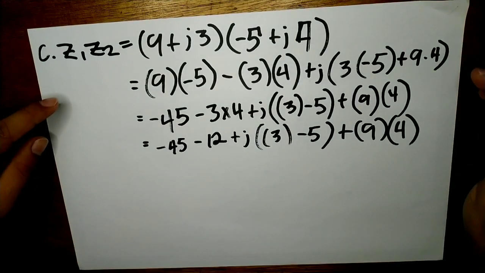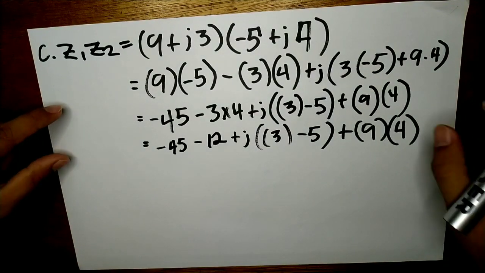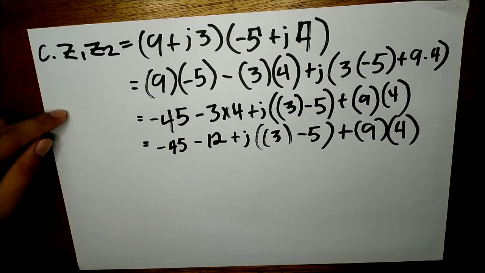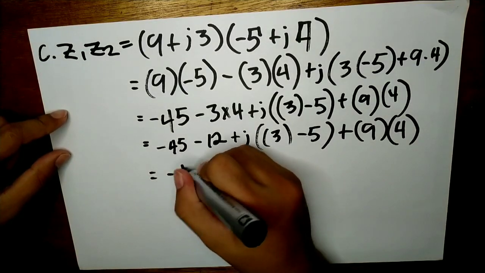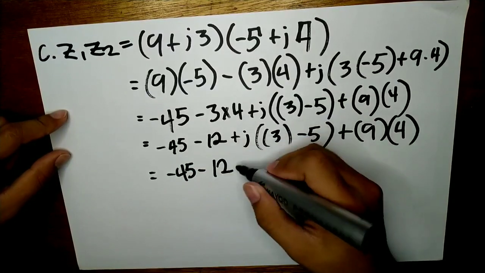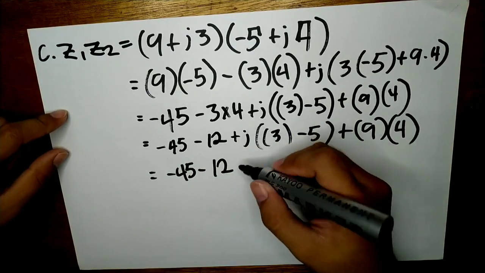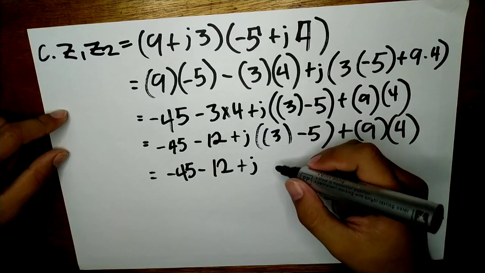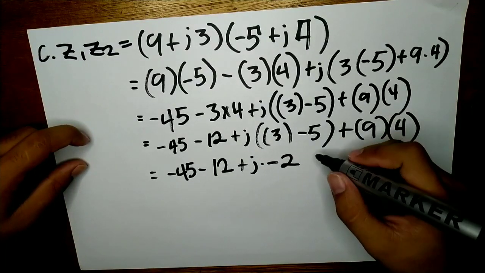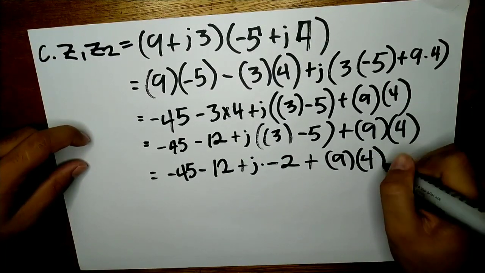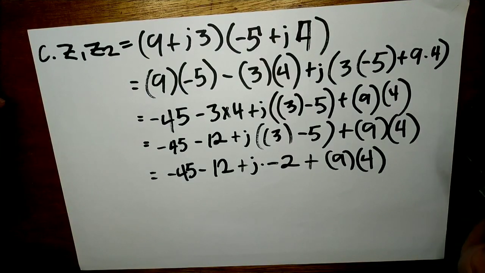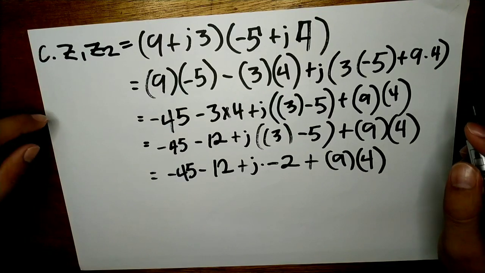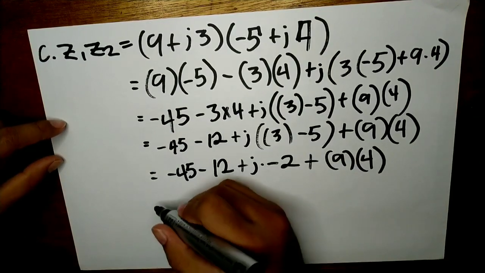So, after we've done that, let's move to the imaginary part, which is we need to subtract 5 from 3. Go like this. Now, after I've done that, of course, we need to move negative 2 to the left of the imaginary.